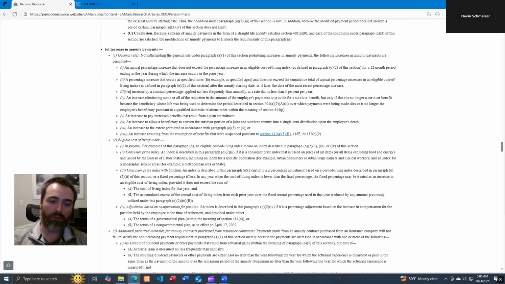You don't have to pin it to a cost of living index, but whatever you use must not exceed one of those indexes in 2 below. (iv) says you can use a fixed amount not greater than 5%. Again, it has to be less than 5%, so 4.99 is often used.